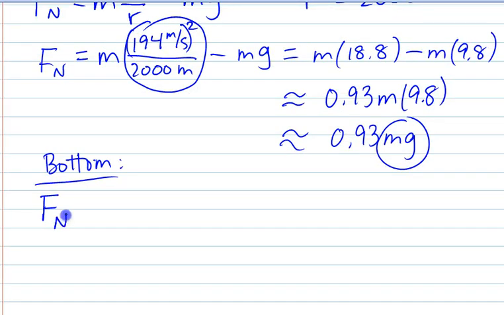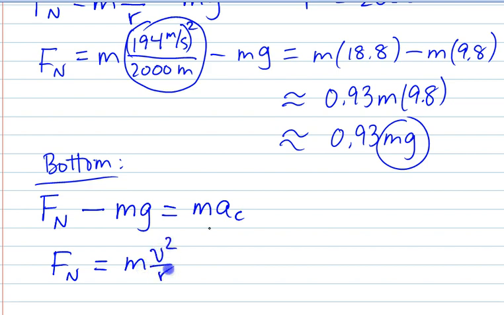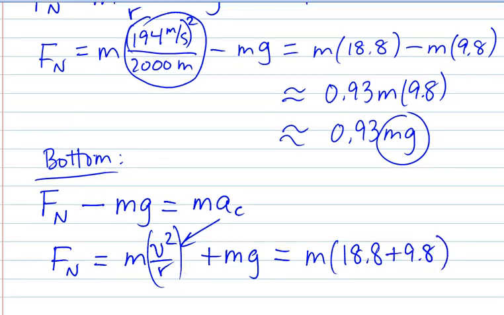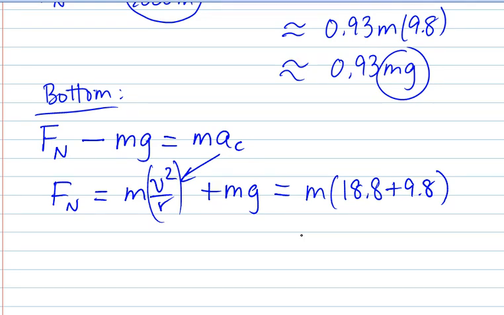So it would look like this: F normal minus mg equals m a_c, or F normal equals mv squared over r, that's a_c, plus mg. And so now this is m times 18.8, the same thing, plus 9.8, and if I factor g out of that, I'm going to get about 2.93 times mg.